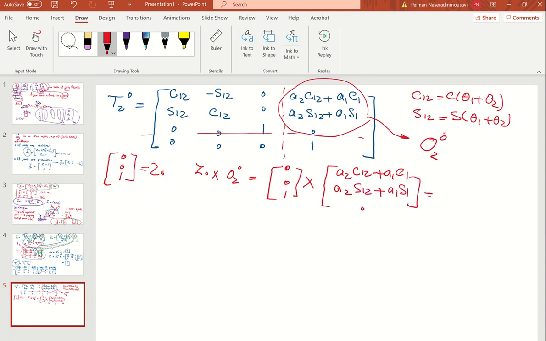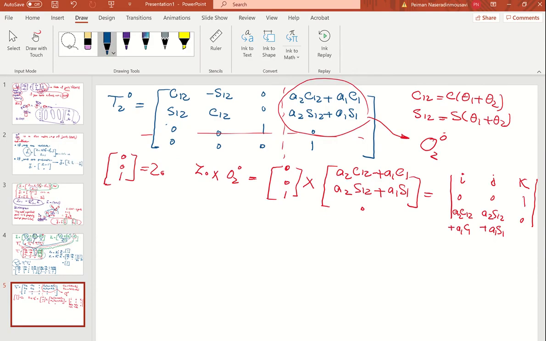And from high school, you know that the cross product of two vectors is determined via this determinant: i j k unit vectors, 0 0 1 the first vector, and the second vector, which is A2 cosine 1 2 plus A1 cosine 1, A2 sine 1 2 plus A1 sine 1, and the 0.